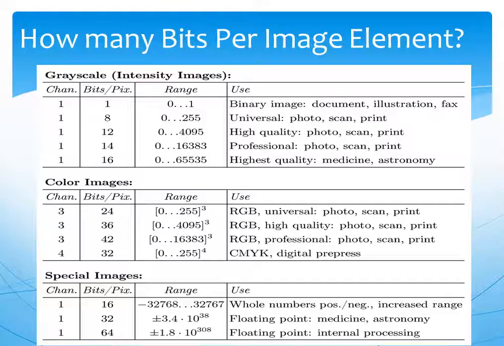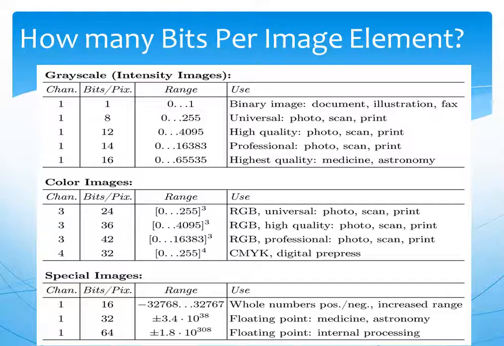Now if you see, for a binary image the range is 0 and 1, and it requires a single bit per pixel. It is generally used for very low requirements, that means for documents, illustrations, facts, where no detail is required.